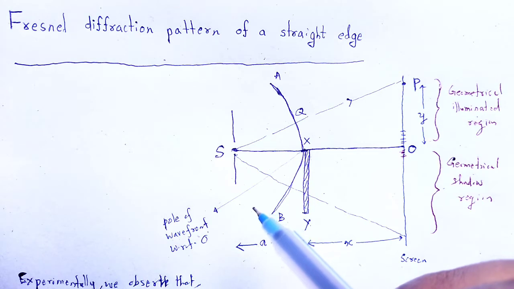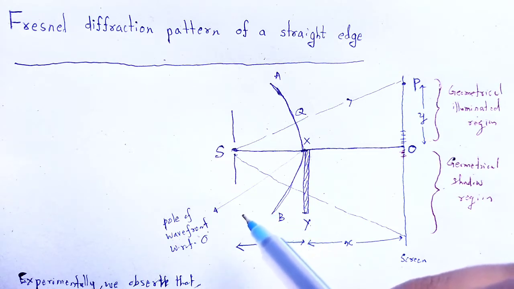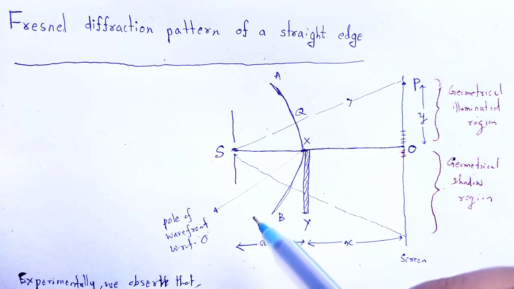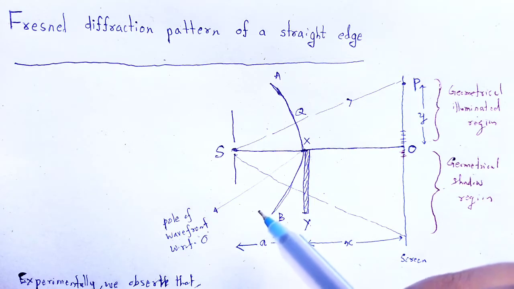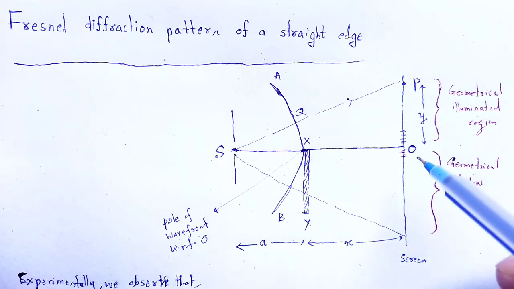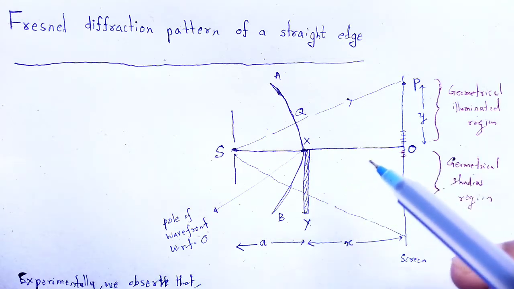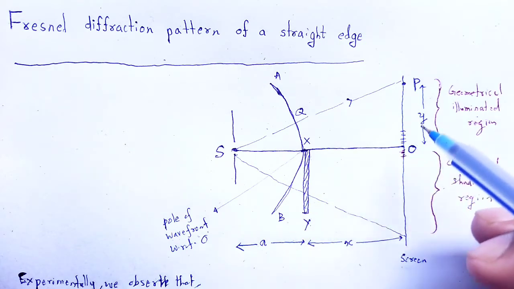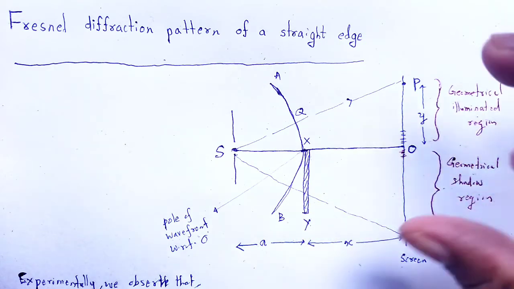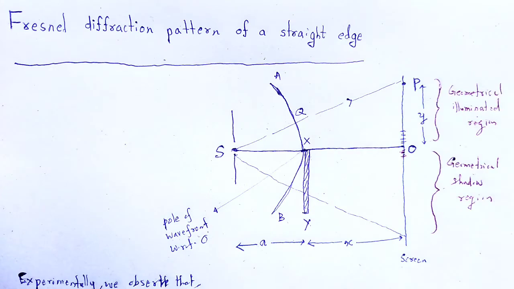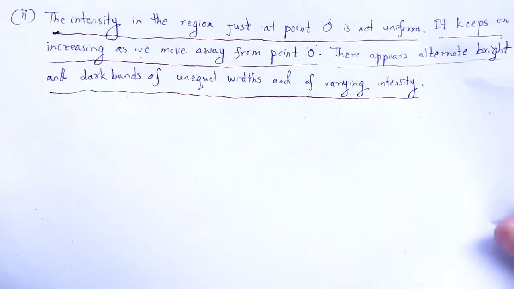With the help of the concept of Fresnel's half period zones, he could explain the diffraction pattern observed on the screen. Analytically, we show it.